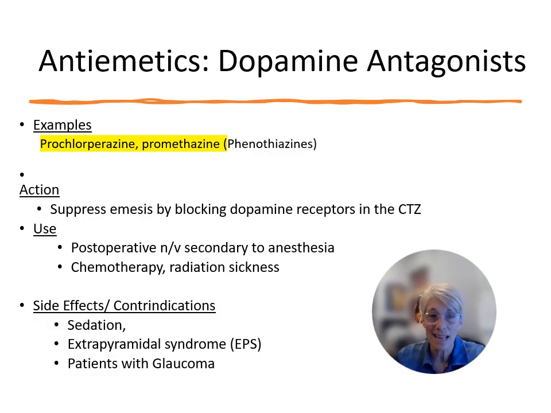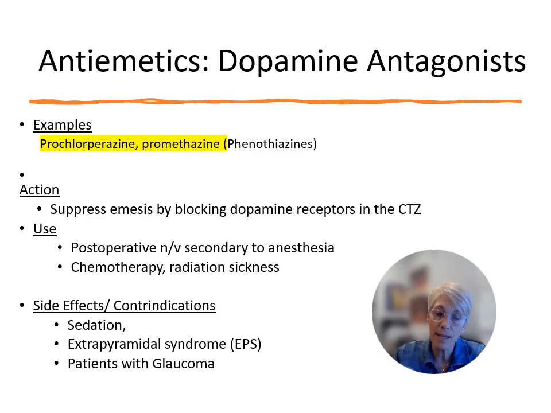Our dopamine antagonists, promethazine, phenothiazines, this is the group, phenothiazines, prochlorperazine. So promethazine is probably the more common one, but it suppresses that emesis by blocking those dopamine receptors in the CTZ, okay? Definitely we can have some sedation that can make them feel a little bit drowsy.